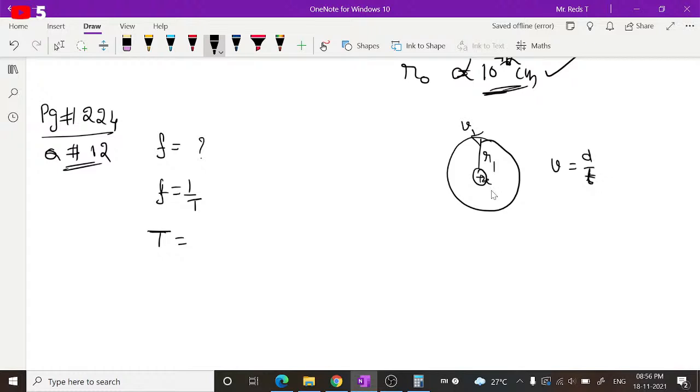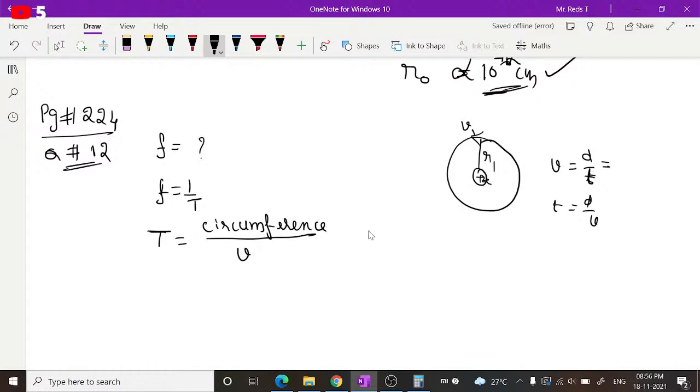Here this time we can call the time period, and this distance, to complete one rotation, will be equal to the circumference. So time is equal to distance by velocity. This distance will be taken as circumference, by the velocity of the electron.